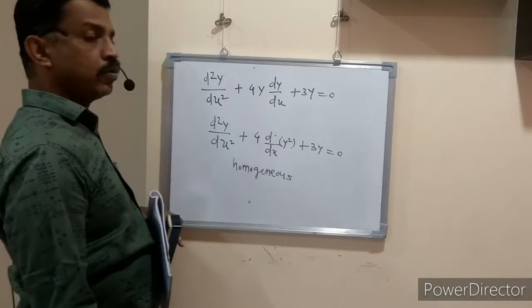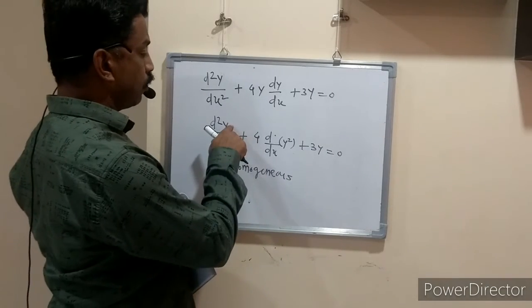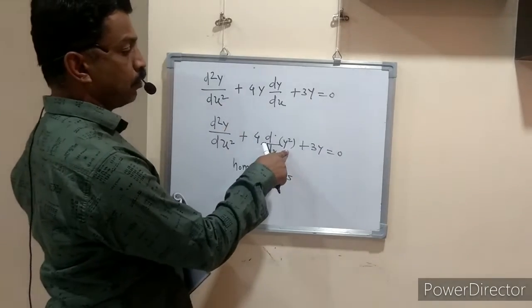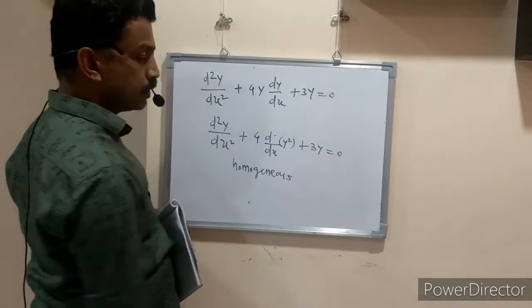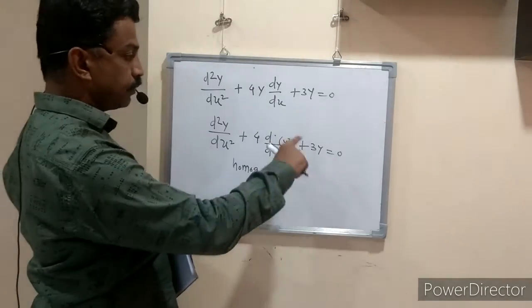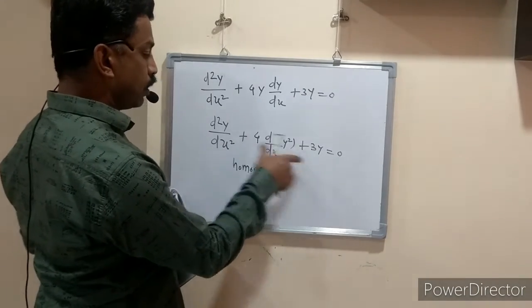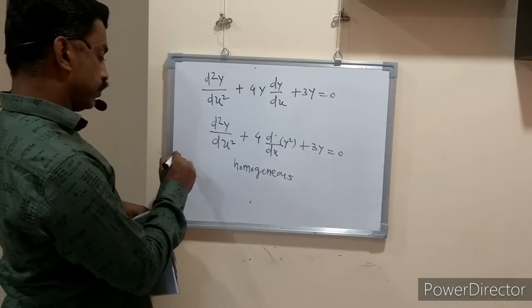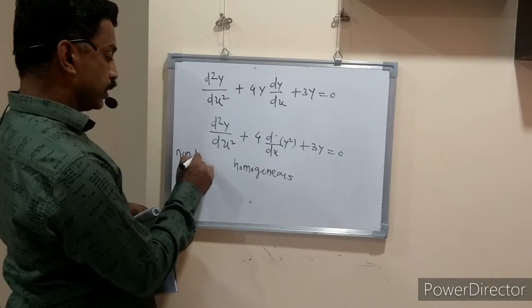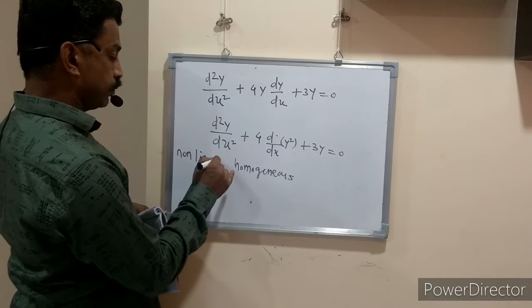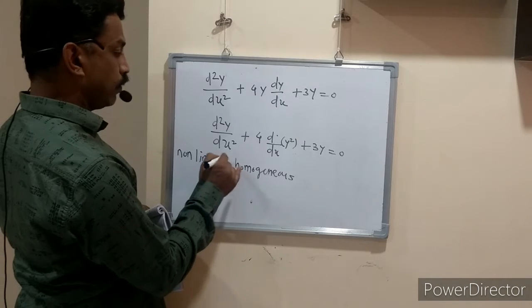Now linear or non-linear: here the power of y is 1, but here the power of y is 2, and here the power of y is 1. If the power of y is 1 everywhere, then it is linear. So this is a non-linear homogeneous equation. Why non-linear?